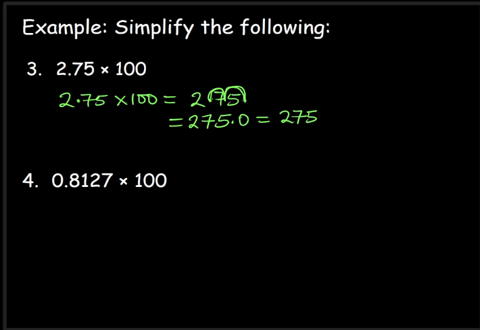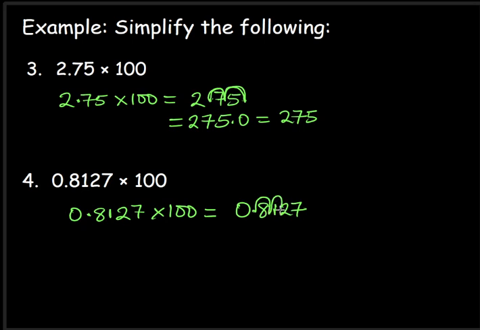Number 4, 0.8127 times 100. So let's see, 0.8127. How many times do we shift this? 2 times. That will give us 1, 2.